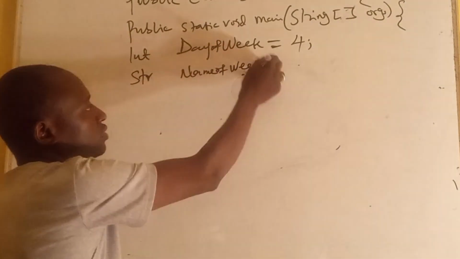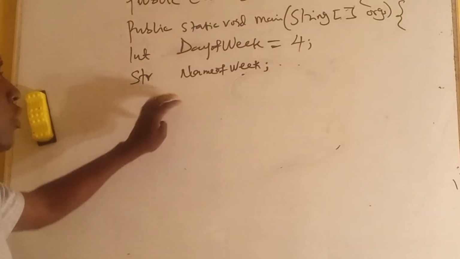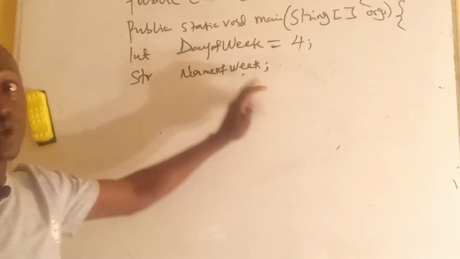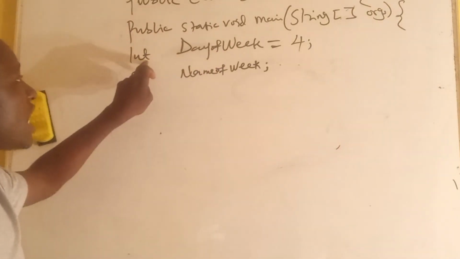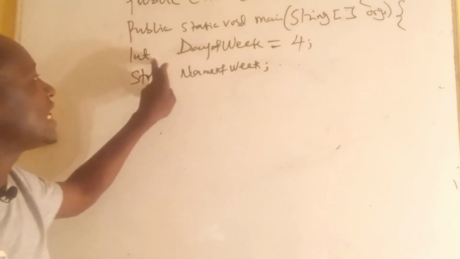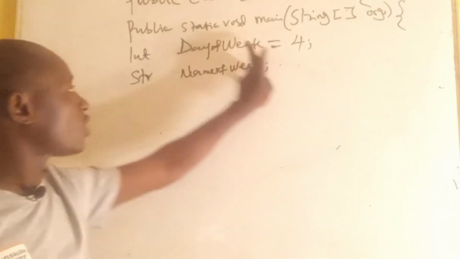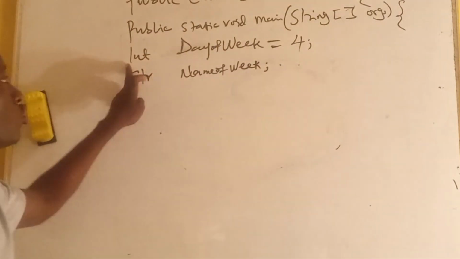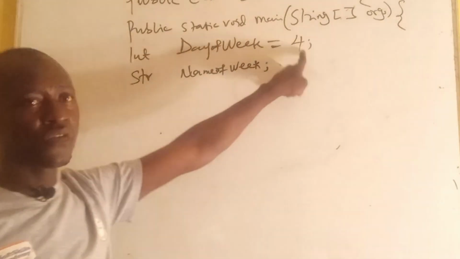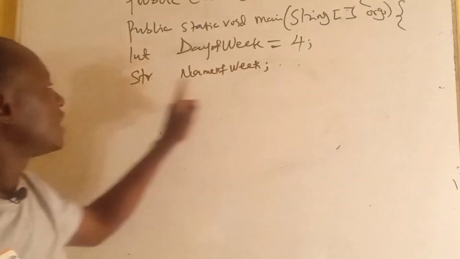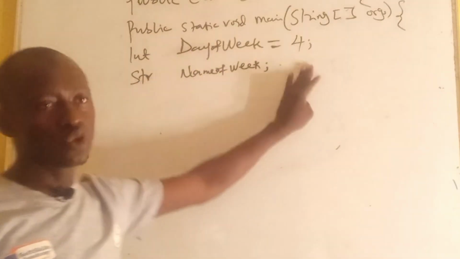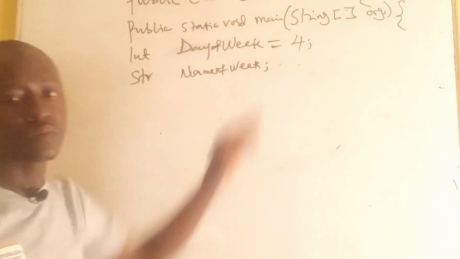Here we only declare, we did not initialize, because we don't want to give anything yet. We declared day of the week as an integer, and it holds the value 4. Here, we are declaring name of the week as a string, and it holds nothing as it stands now.